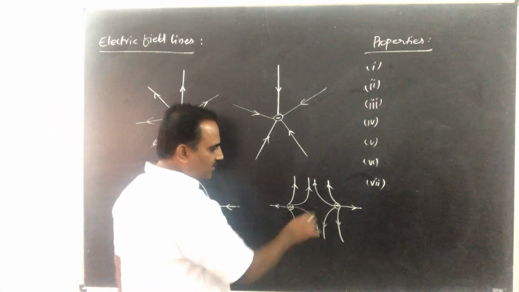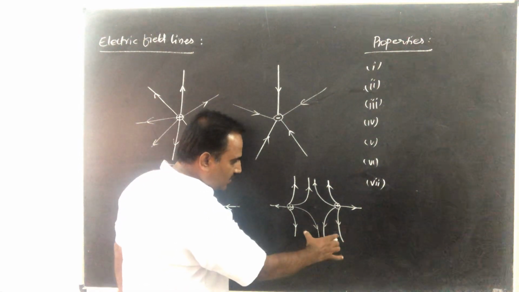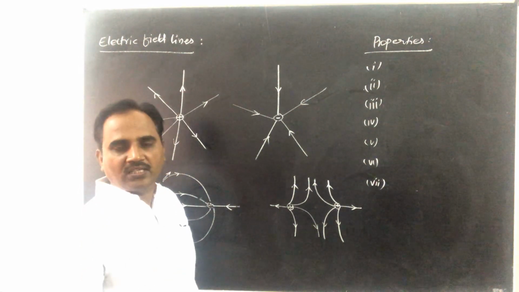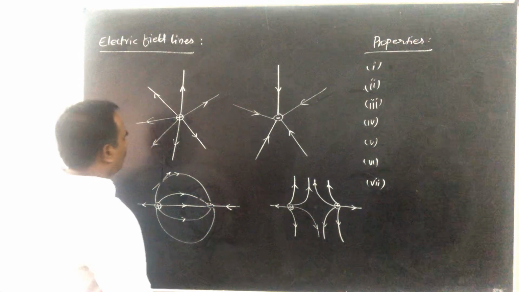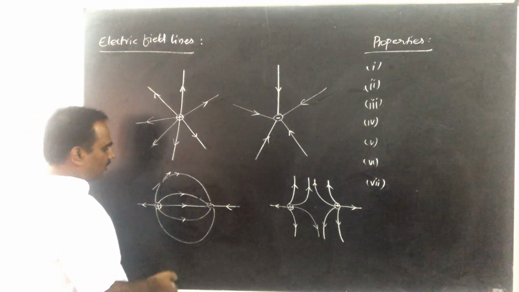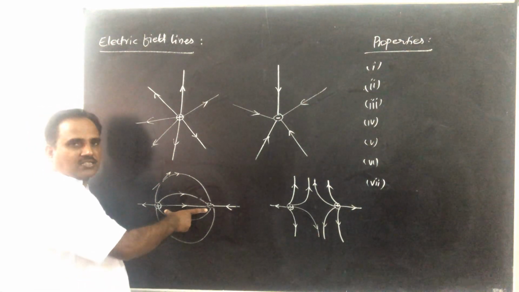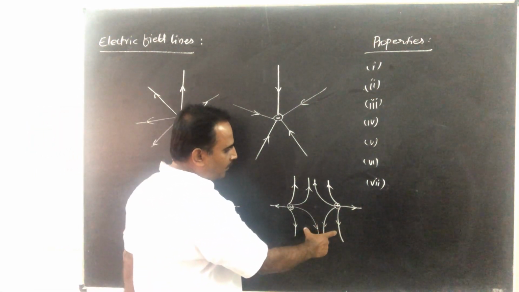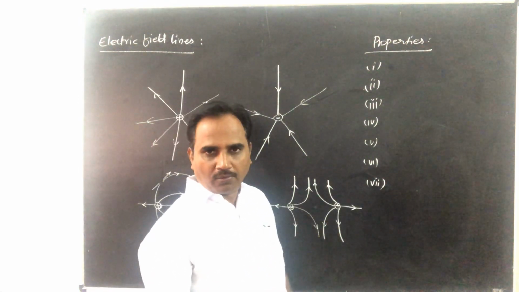Similarly, in case of like charges, there is a lateral, sidewise pressure between these electric field lines. That shows that there is a force of repulsion. So electric field lines tend to longitudinally contract in case of unlike charges. They exert lateral pressure in case of like charges. So this is another important point.